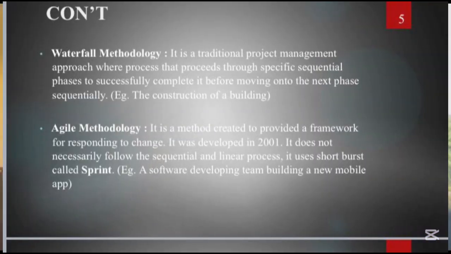Then we have the agile methodology. It is a method created to provide a framework for responding to changes. It was developed in 2001. It does not necessarily follow a sequential and linear process. It uses short bursts called sprints, and an example is a software development team building a new mobile phone.